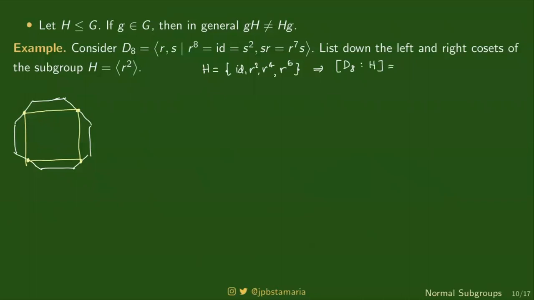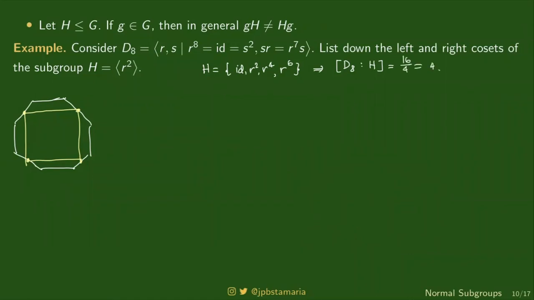What's the formula for the index? 4. Pero how did you get 4? 16 divided by 4, correct. So that's 4.